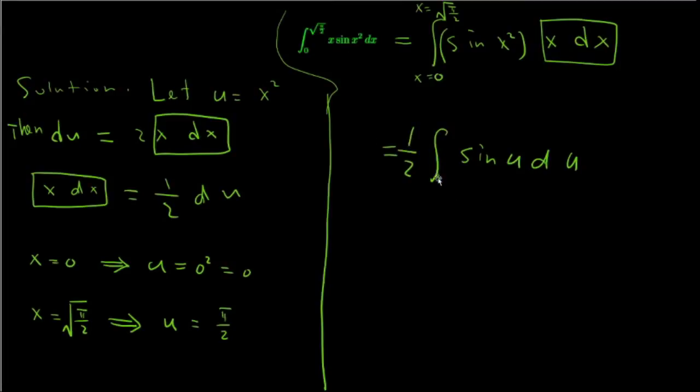And what? Anybody want to guess the lower limit? The new lower limit? That's a new integral of u. These two limits, lower limit and upper limit, are supposed to be u values, right?